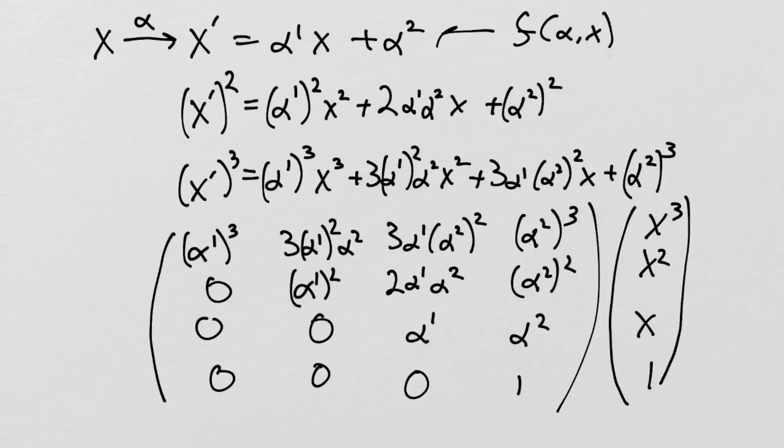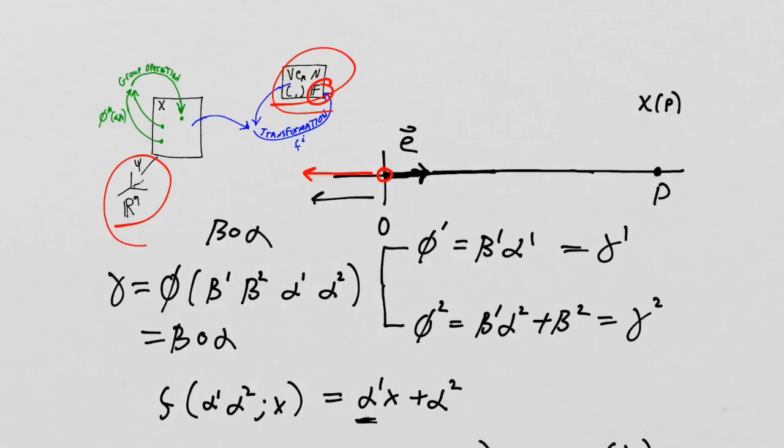So each one will recreate the actual value of the new coordinate, the square of the new coordinate, the cube of the new coordinate. And yes, if you multiply these two matrices together for an alpha and a beta, you will get the transformation for a gamma, and of course it'll become increasingly complex. So here you have a 4 by 4 representation of this whole operation on this space.